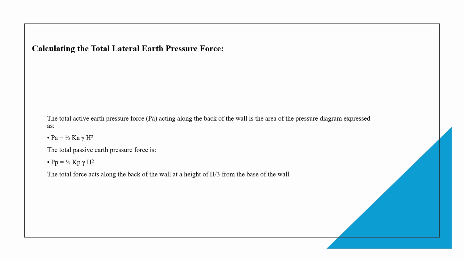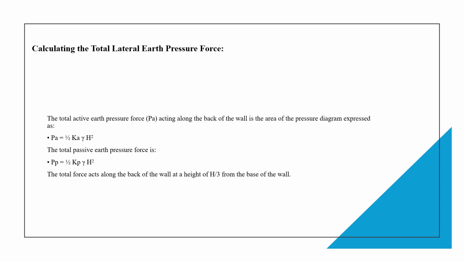Thus, the total active earth pressure force acting along the back of the wall is the area of the pressure diagram, expressed below. And the total passive pressure force will be calculated the same as active.